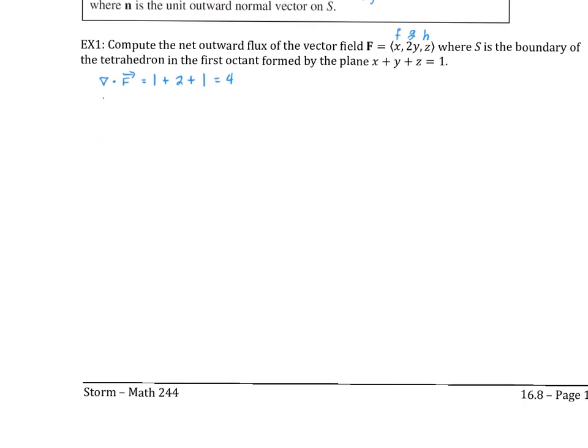Looking at this triple integral over D, it's 4 dV. Going back to the very beginning, when we were looking at triple integrals and describing volumes, if you factor out this 4, the integrand is 1 dV, which is simply the volume of the tetrahedron.